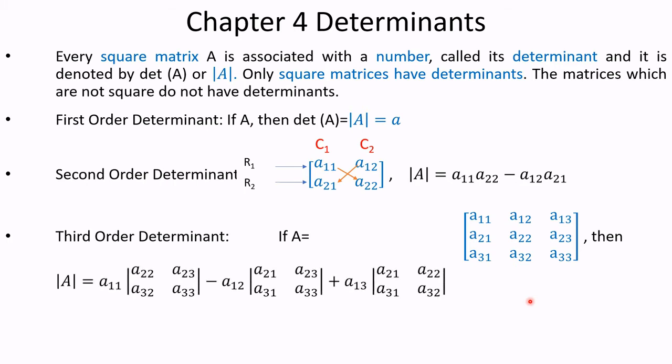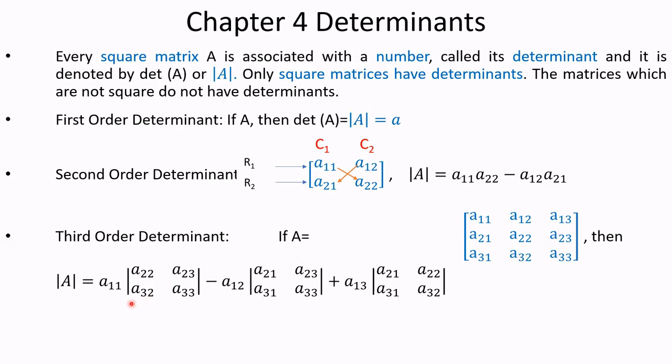When we are multiplying, determinant A can also be written as A11, the first element, into the minor. This is the minor: A22, A23, A32 and A33.